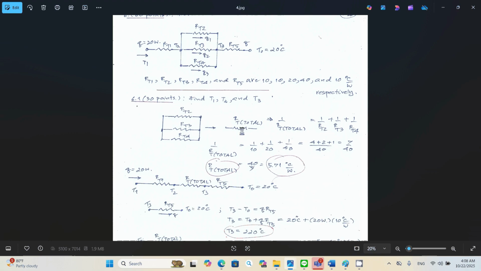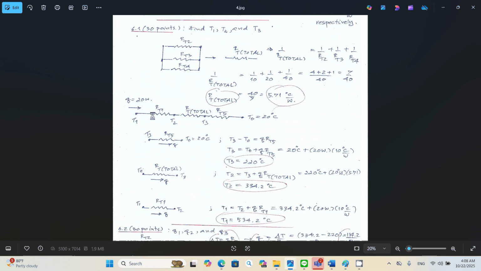You can find your RT total. That's 1 over RT total equal to 1 over RT2 plus 1 over RT3 plus 1 over RT4. And you end up with RT total equal to 5.71 degrees Celsius per watt.